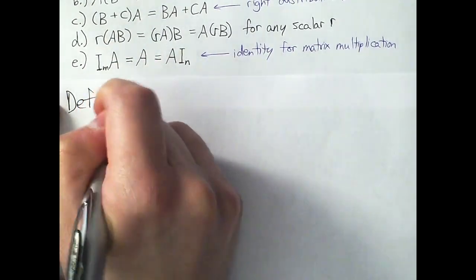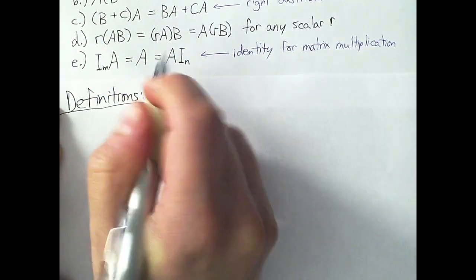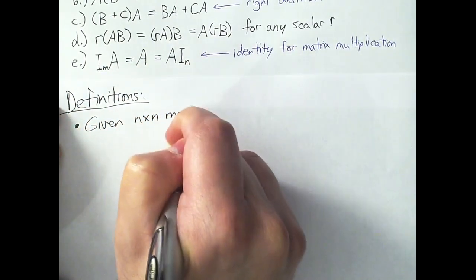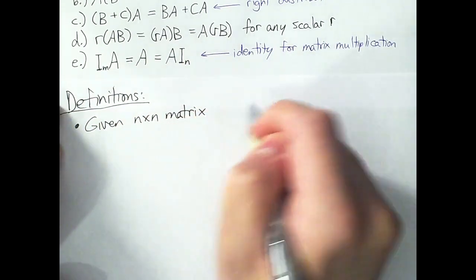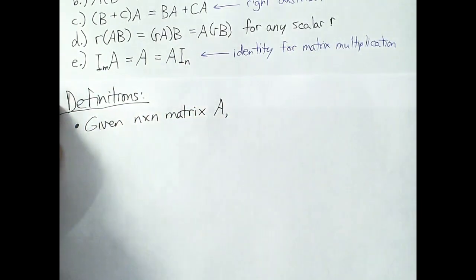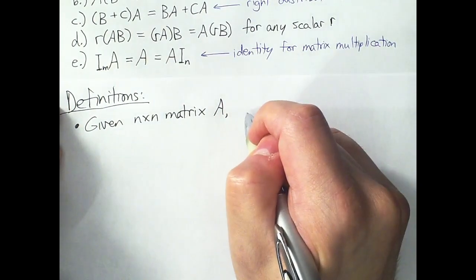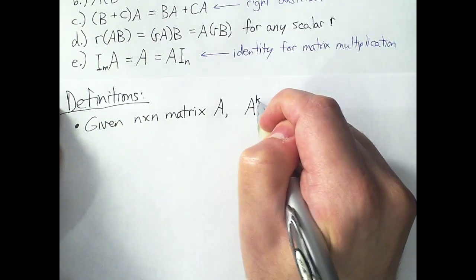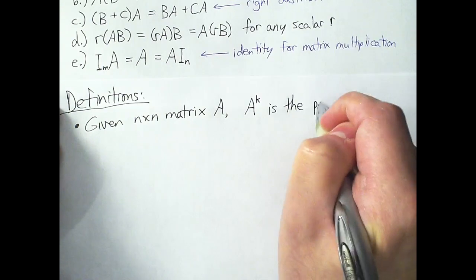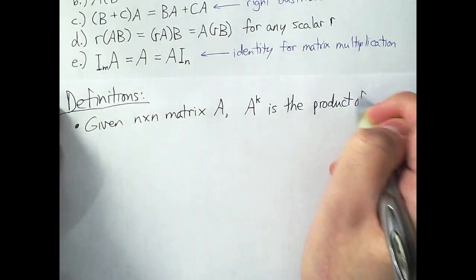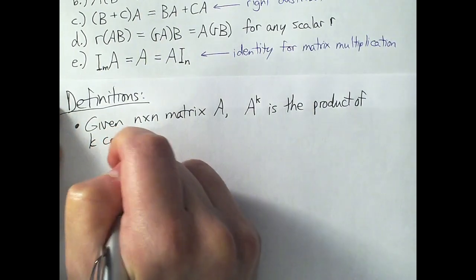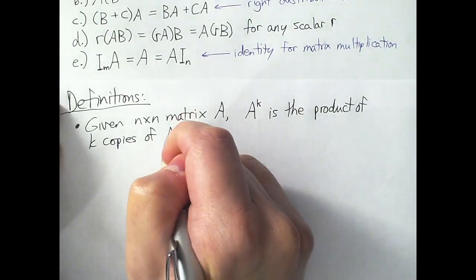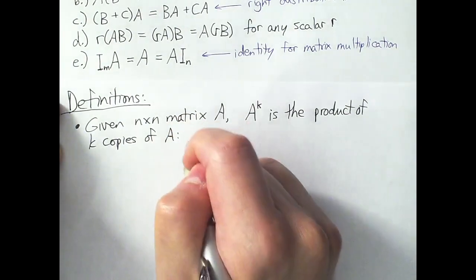Definitions. All right, first definition. Given an n by n matrix, so we would call this a square matrix, A, we are going to define A to the K, and it is the product of K copies of A. And what I mean by that is it looks like an exponent, and it is treated like an exponent.